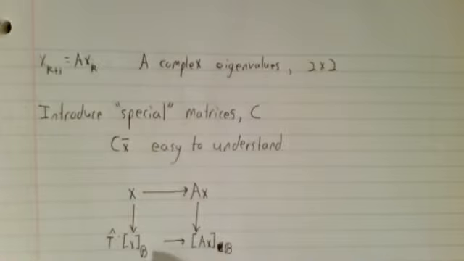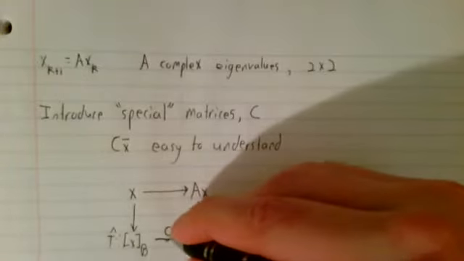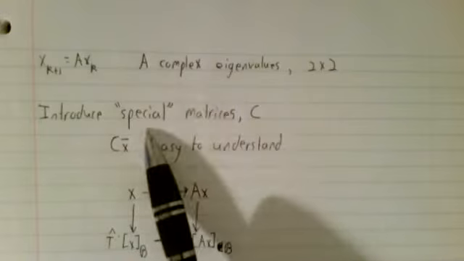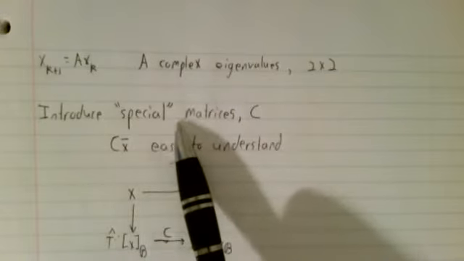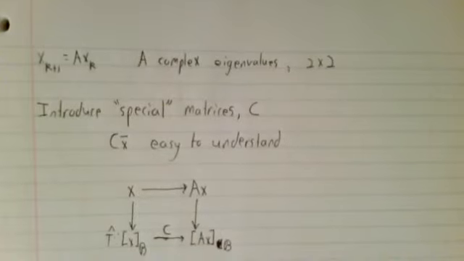The trick here is to choose a basis so that the matrix multiplication that goes from here to here is multiplication by one of these so-called special matrices whose products we can understand.